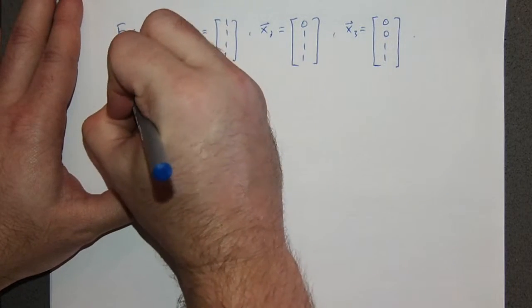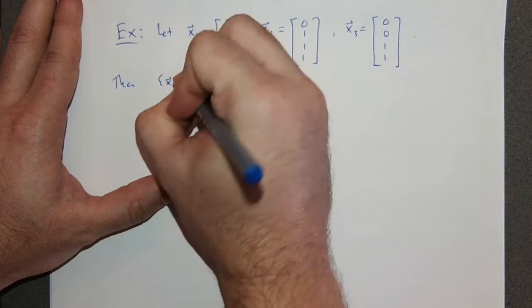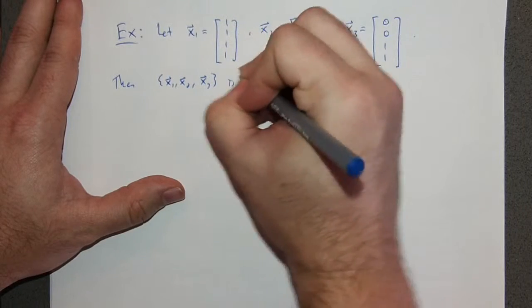Then this set of vectors is clearly linearly independent.